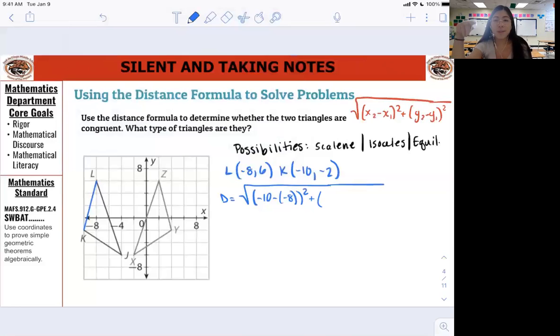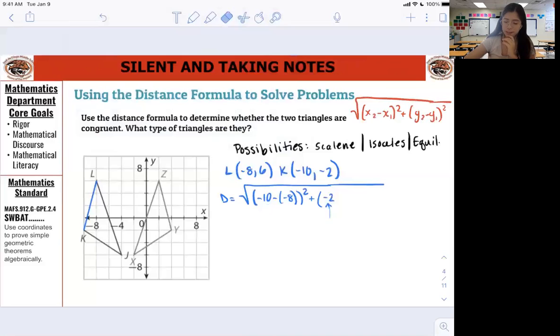Okay, yes. So Tyrone, be careful. The order that Janelle's put it in is correct because in this one, I started with -10. So on this one, I have to start with -2. So that's kind of what I mean by keep it consistent, okay? If K is going to be your x2, then that also has to be your y2, okay? So just make sure we keep things in the same order.